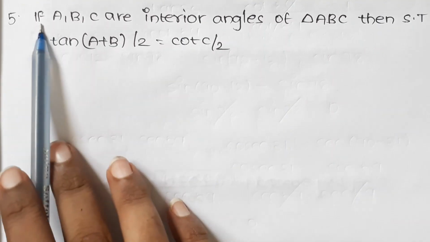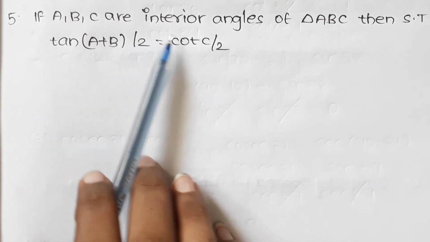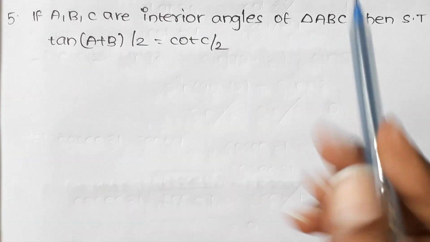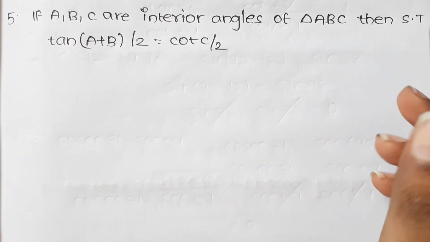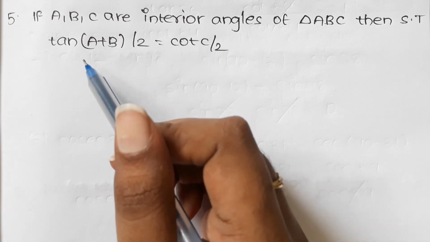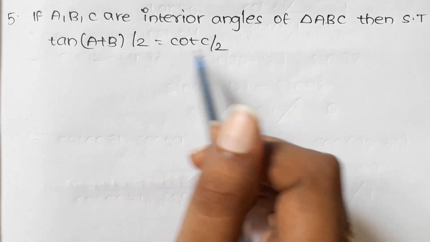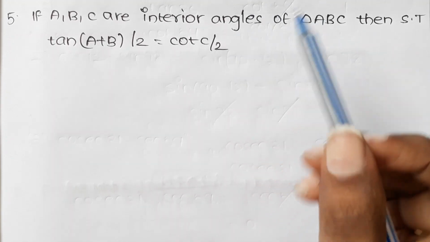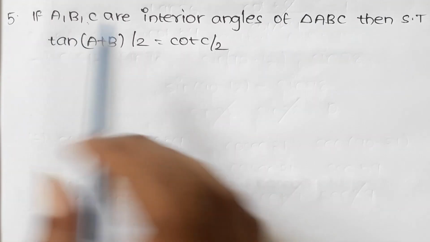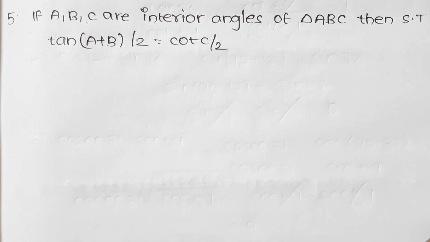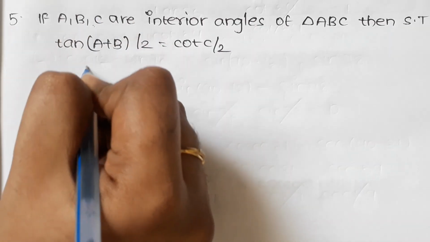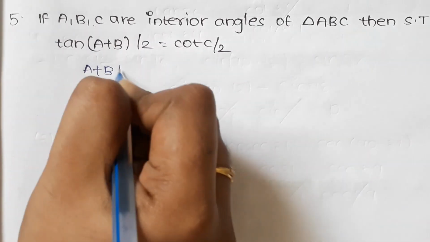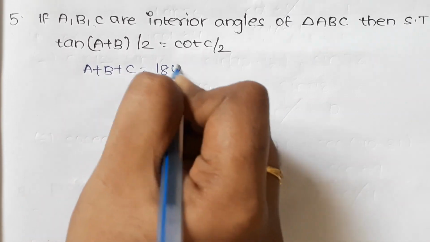Here, if A, B, C are interior angles of triangle ABC, then show that tan of (A plus B) by 2 equals cot of C by 2. Here they have given that A, B and C are interior angles. In a triangle we know that the sum of all the angles is 180 degrees.